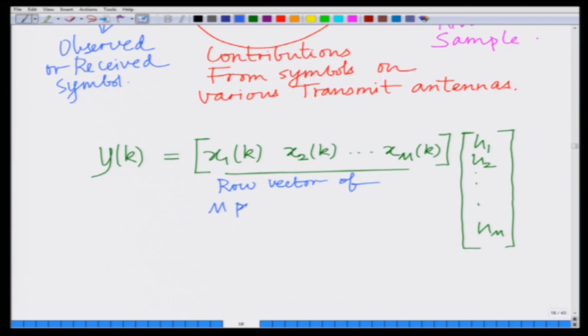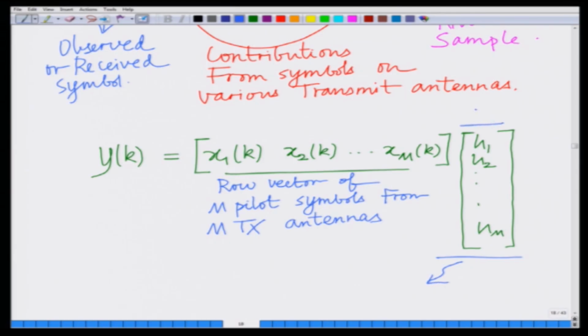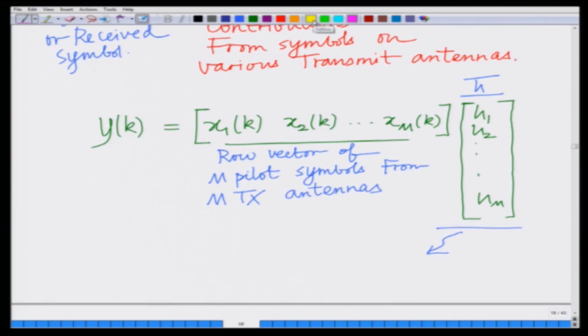This of course is h bar, this is basically your unknown parameter vector, plus of course there is going to be your noise as usual, that is Vk.